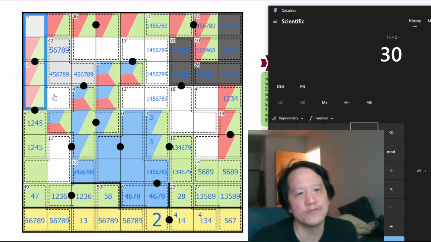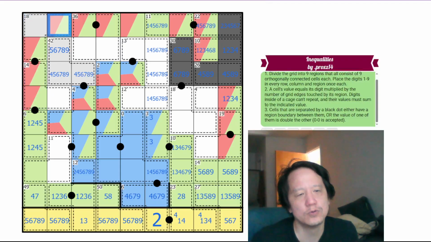So this would have to be 2. This would have to be 2. It could be doubled. So it could also be 1 there. Whoa. And then this would have to be a blue, which is possible.